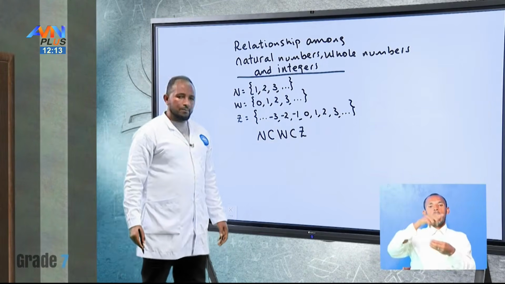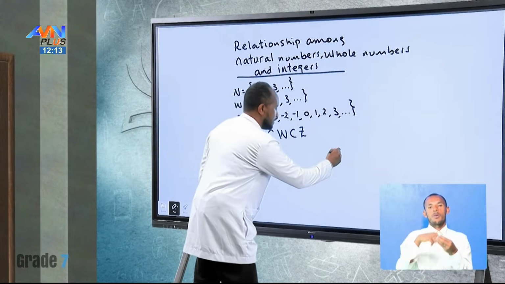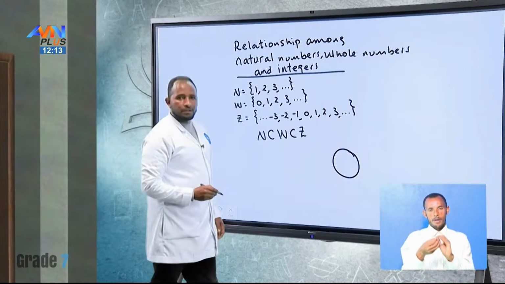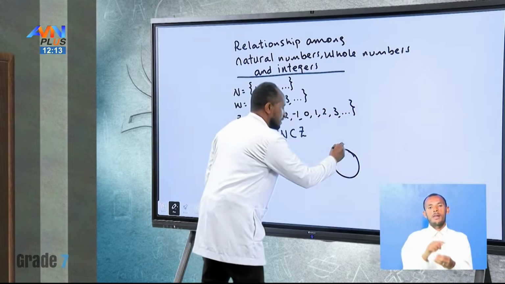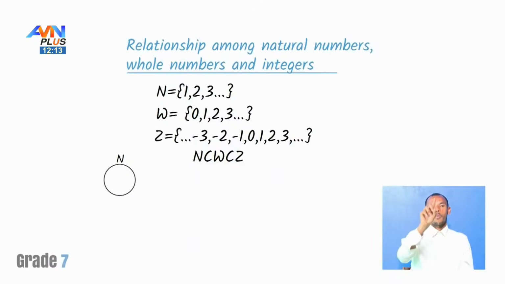In a Venn diagram, we can write in this form. Let's start from natural numbers. A Venn diagram is writing the sets inside circles. So the set of natural numbers contains the numbers 1, 2, 3, and so on.